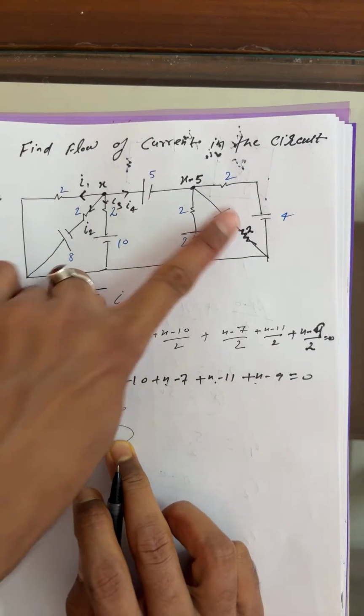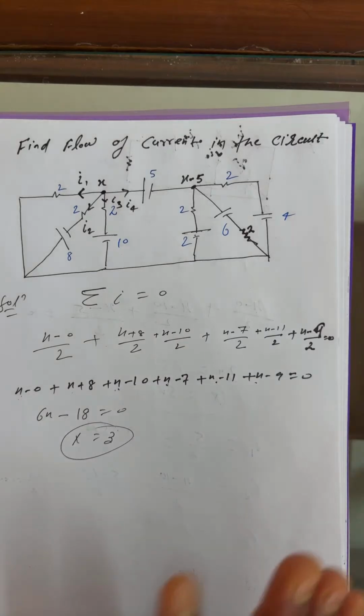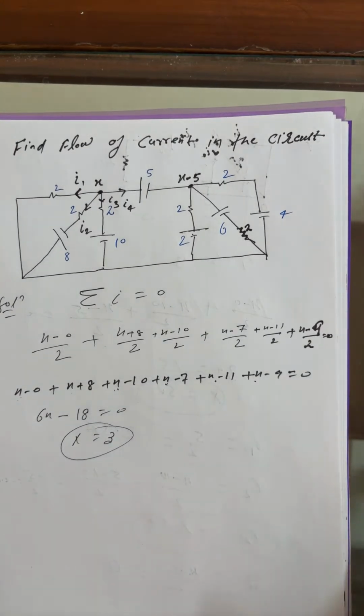This value of x I can put everywhere, and you will get I1, I2, I3 and the other currents which you wanted. So till now I finished KCL, basics of current and electricity. Tomorrow's class, I'll continue from here onwards.